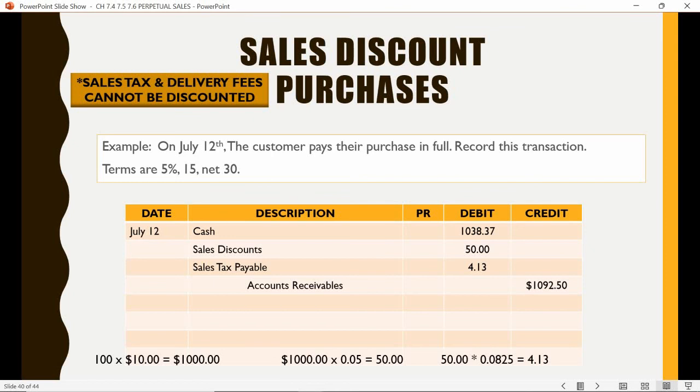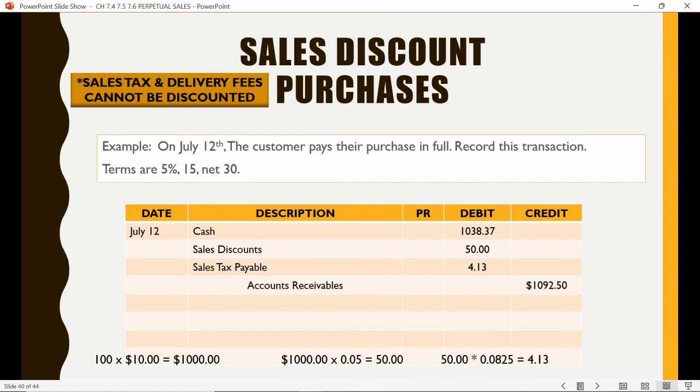So it's going to take away $54.13. Therefore, I should be receiving a check or some kind of cash for $1,038.37, which is the $1,092.50 minus the $54.13, the discount plus the tax.